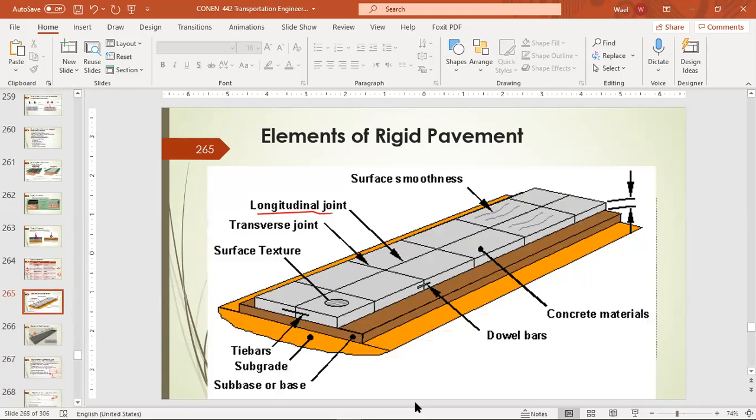Here, in this figure, we are showing the elements of rigid pavement. As we can see, it's basically a group of slabs that are separated by joints. We have longitudinal joints, transverse joints, and dowels and tie bars connecting these different slabs in order to maintain the same behavior.